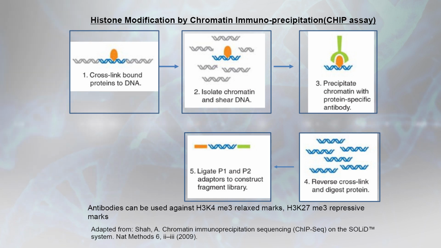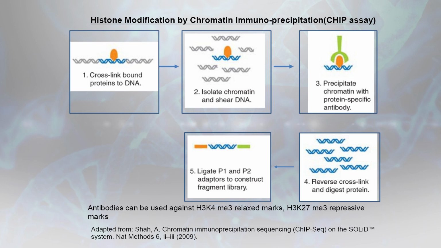When you fragment the DNA, you have multiple fragments, and there is your protein of interest. I have an antibody against this particular protein, and wherever this protein is bound, only those regions are bound by the antibody, and I immunoprecipitate those.